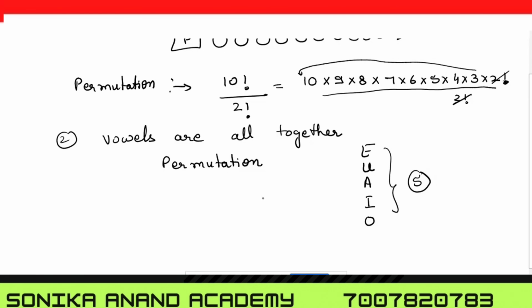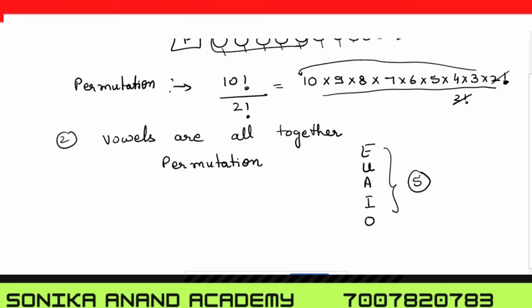Now they always occur together, so we can treat them as a single object. Let these be the vowels: one, two, three, four, five. So how many are left?